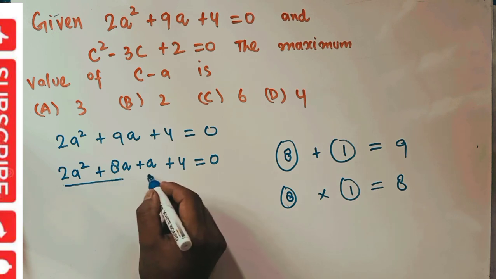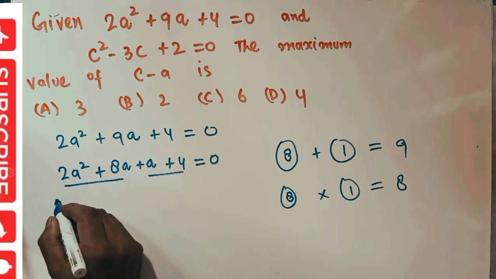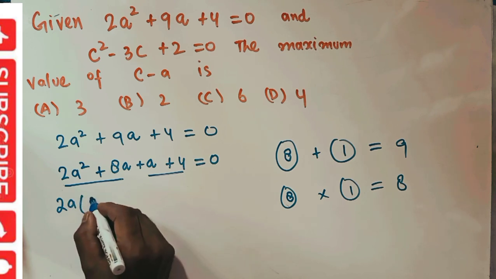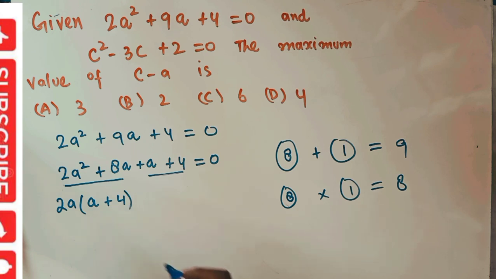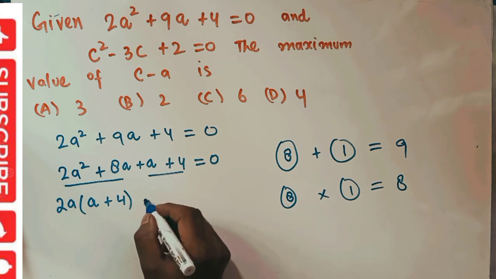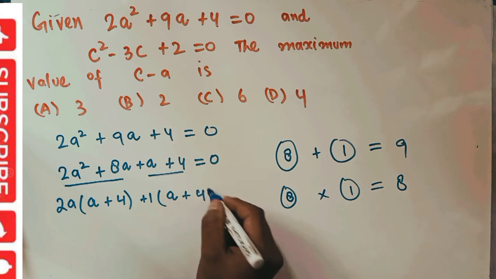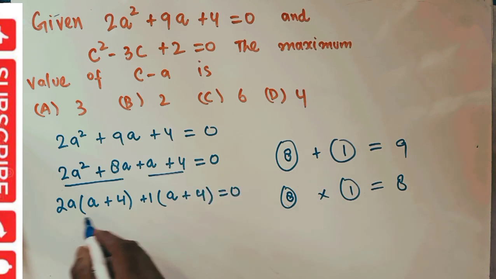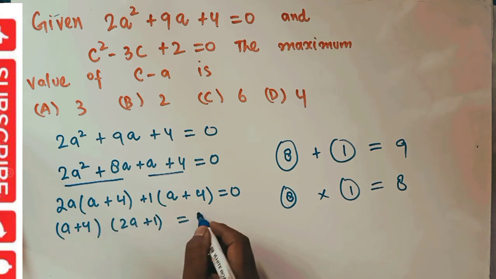Let us factor out 2a from the first two terms, and we are left with a + 4. Let's take 1 common in the last two terms, and we are left with a + 4. We set it equal to 0. Let's take a + 4 common, we are left with 2a + 1, set equal to 0.